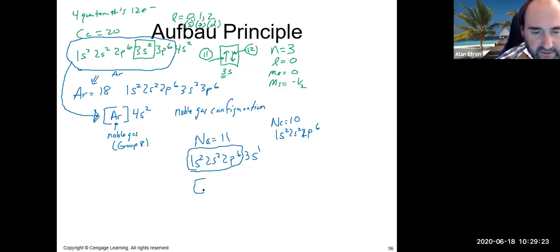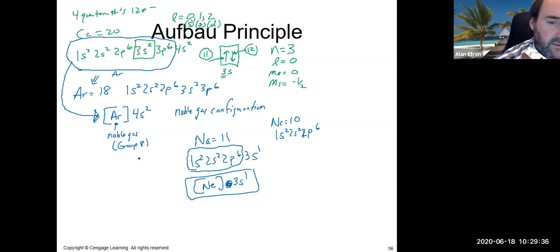And we could, for sodium, write neon in brackets, then 3s1. So we could do it this way as well. So you can write noble gas configuration, a shorthand, if you will, for writing electron configuration. And it's always the noble gas that comes right before that element on the periodic table.